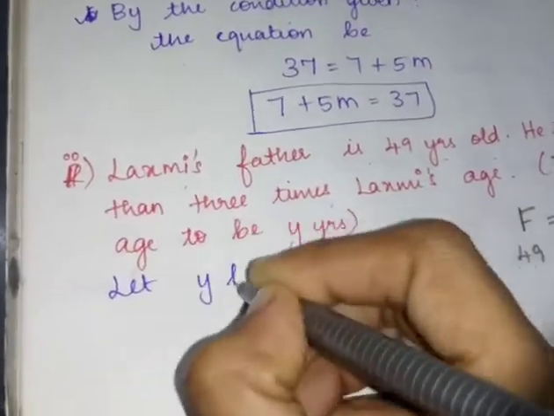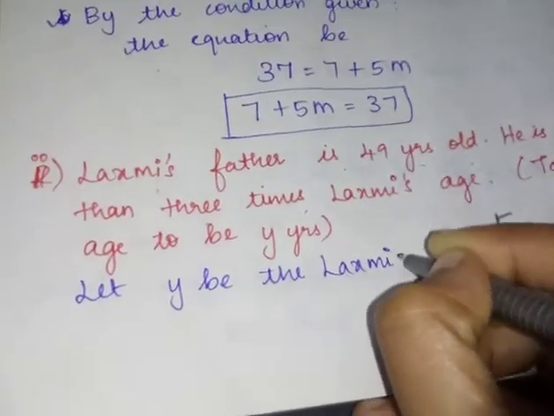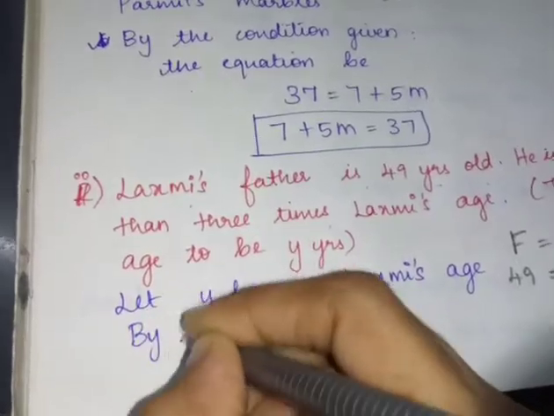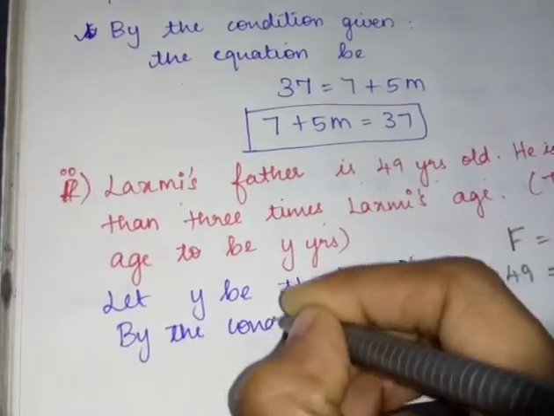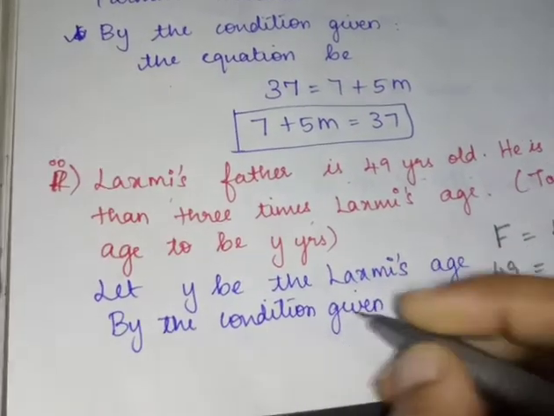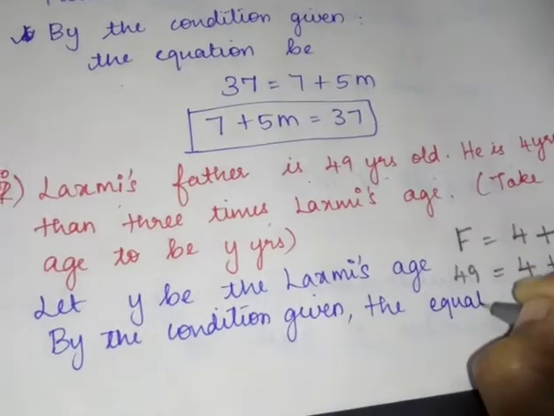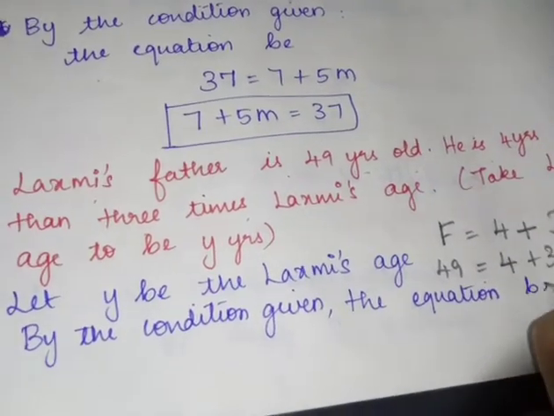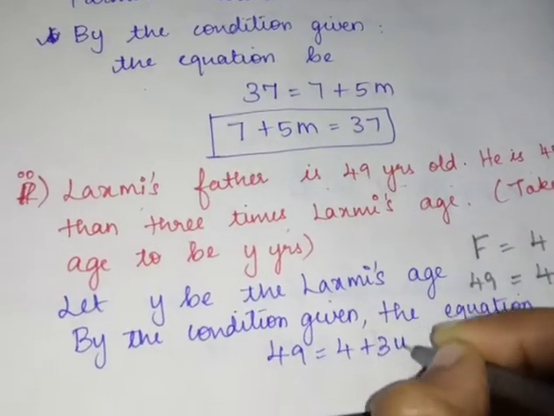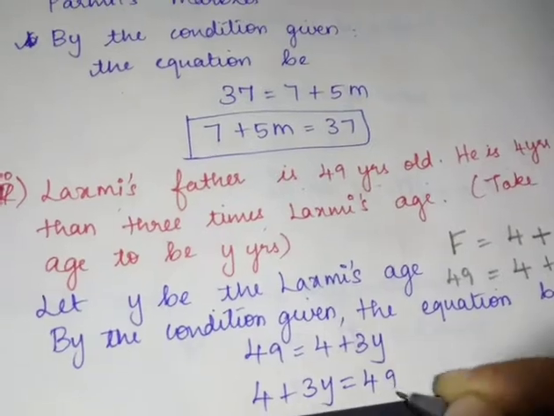Let y be Lakshmi's age. By the condition given, the equation will be 49 is equal to 4 plus 3y, or you can write 4 plus 3y is equal to 49.